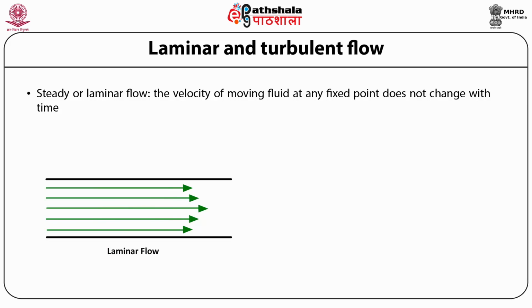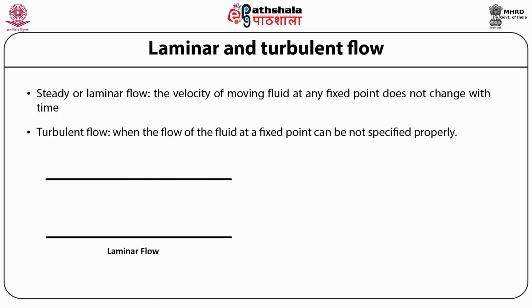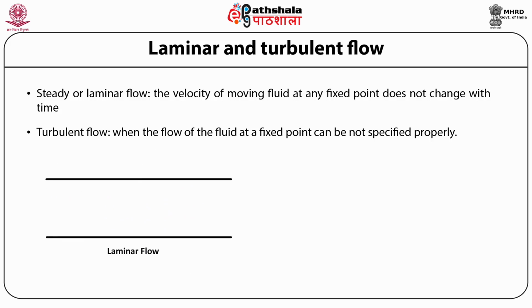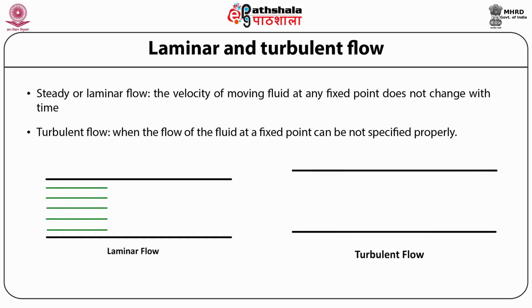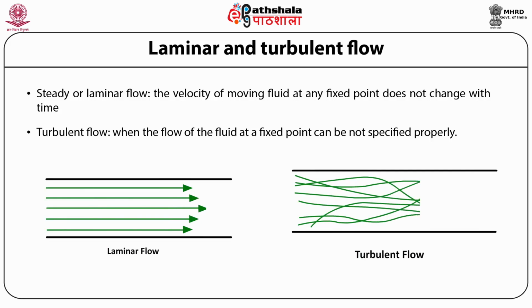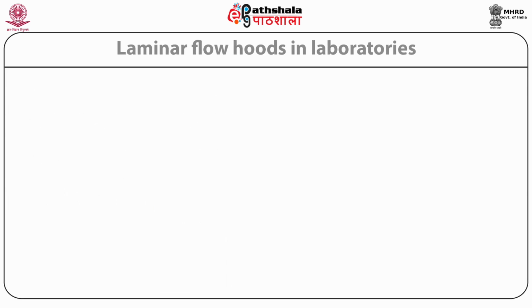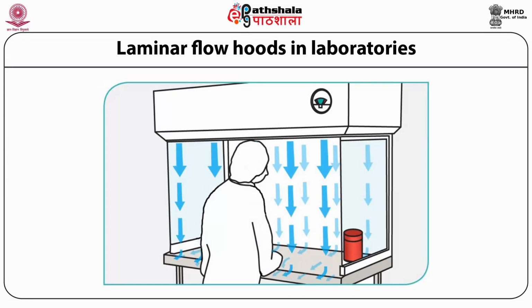On the other hand, in the case of turbulent flow, the fluid component at a fixed point cannot be specified properly. So here you cannot represent the velocity of the fluid component by straight arrows the way you did it for laminar flow. In this example here, you have flow of particles rising in a stream of smoke.